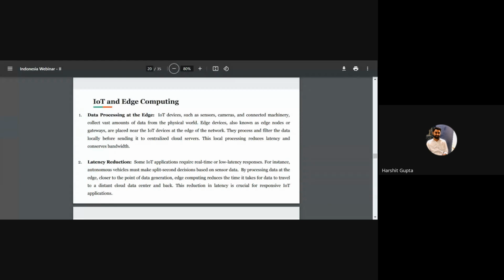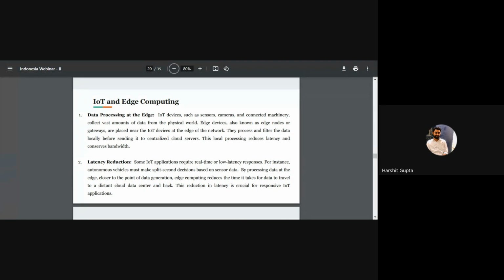This is the same as what I have told you about edge computing, but in the perspective of the Internet of Things. If we are specifically using edge computing for IoT devices, what kind of benefits will we get?